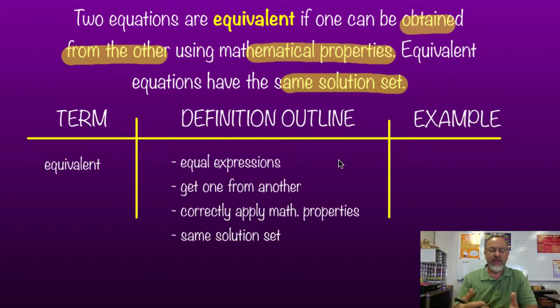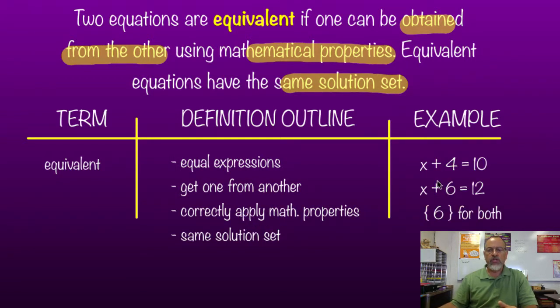And if we've done everything correctly and we correctly apply the math property, the solution set for both equations or three equations or however many equivalent equations we come up with is going to be the same. So when we have the equation x plus 4 is equal to 10, that's equivalent to the equation x plus 6 equals 12 because they both have the same solution set. If I substitute 6 into this expression, I'll get a true statement. If I substitute 6 into this equation, I get a true statement.